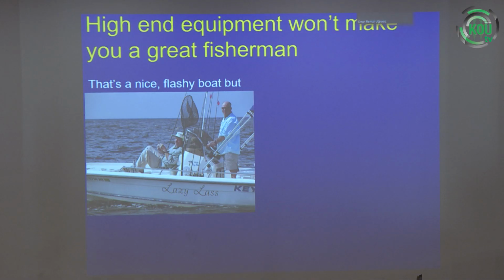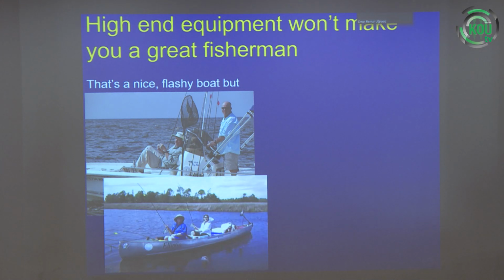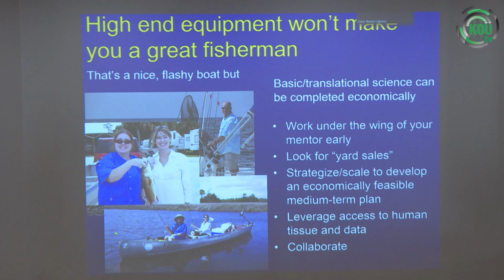There's a lot of fancy equipment you can buy, especially early in your career, and I see people throw money away on fancy machines that are very quickly outdated. You can really get a lot from just a very simple setup in a lab and a lot of hard work. And here's a tournament where the winners actually fished out of a little canoe rather than a regular fishing boat.